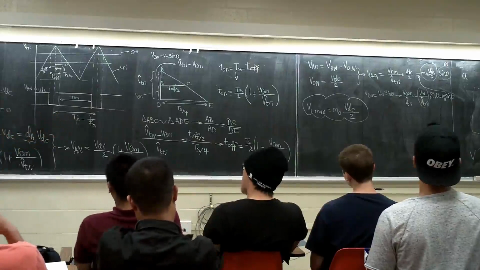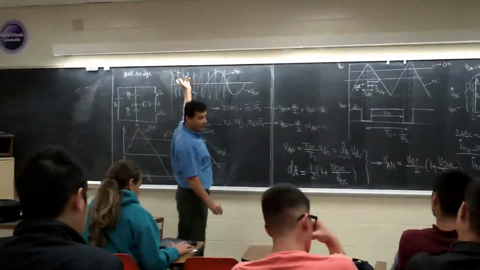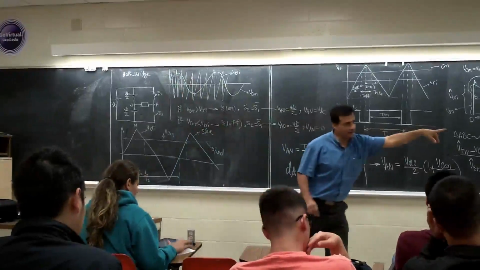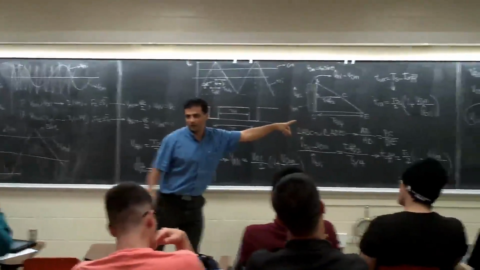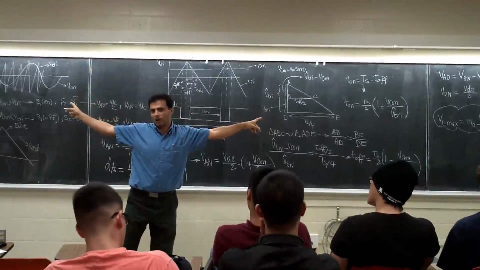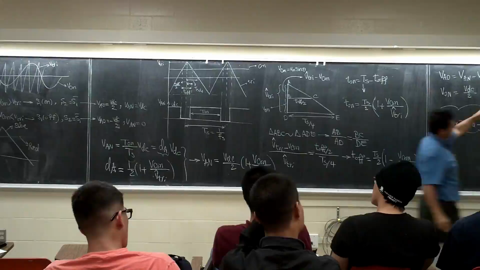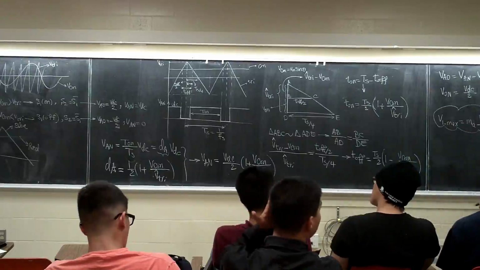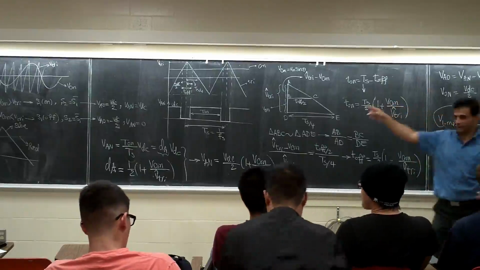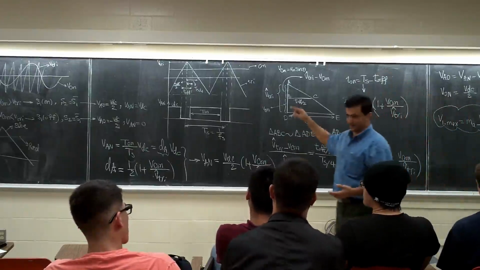I started from here, I said I have a triangular waveform, I have a control waveform, the sine wave. Why? Because the fundamental is going to follow this sine waveform I'm putting here. That's the reason they call it sine PWM. What I'm getting in the output is exactly similar to that sine waveform I'm putting there. The amplitude is different, but the phase is exactly the same.